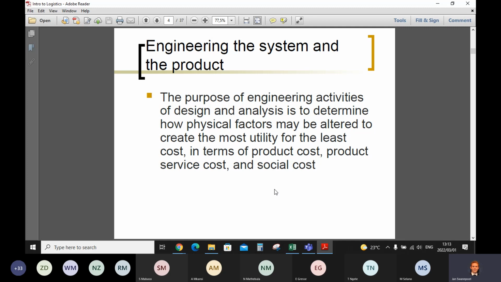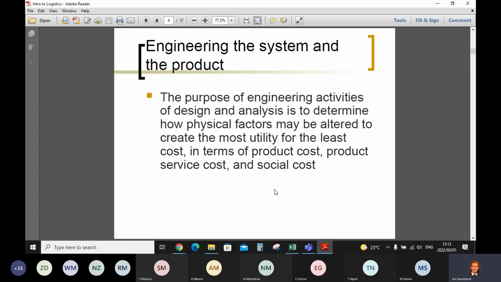But in the cases that we're considering as industrial engineers, is all about company design in the manufacturing environment or in the service environment. So that's where we're focusing. So I'm going to move towards system engineering and the product.